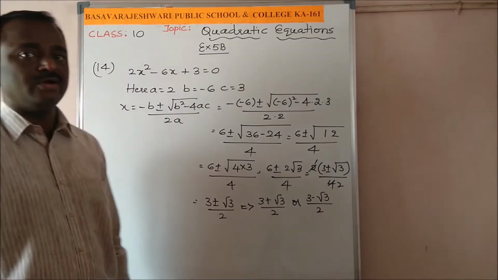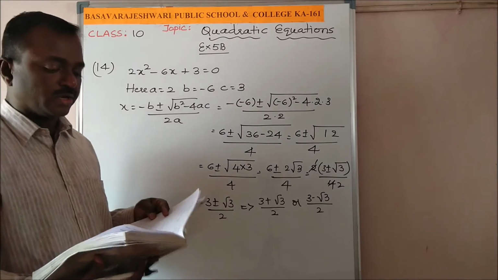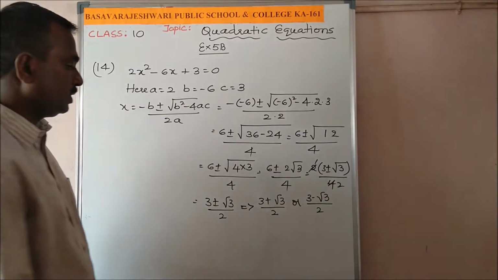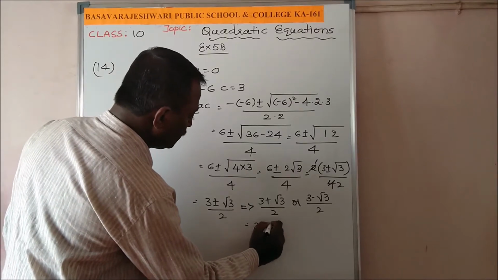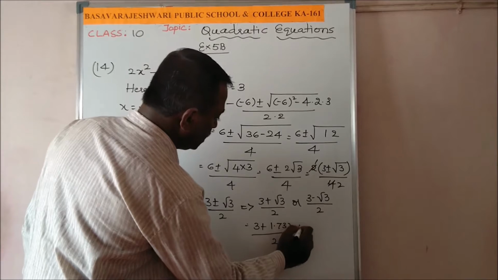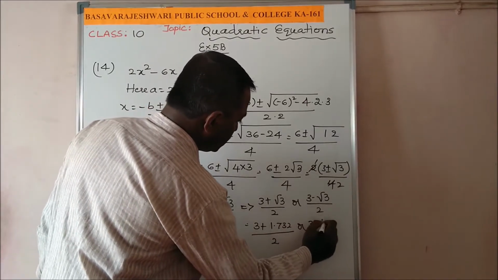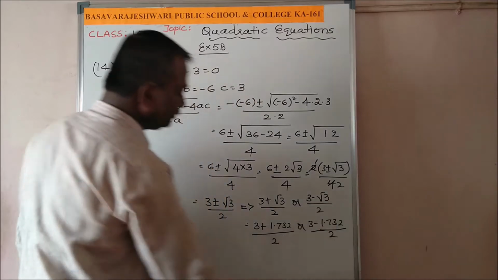So we know the value of root 3 is 1.732, because they are asking us to correct to 3 decimal places. So that is 3 plus 1.732 by 2 or 3 minus 1.732 by 2.